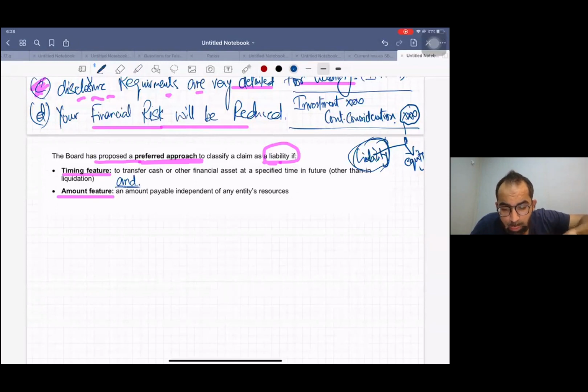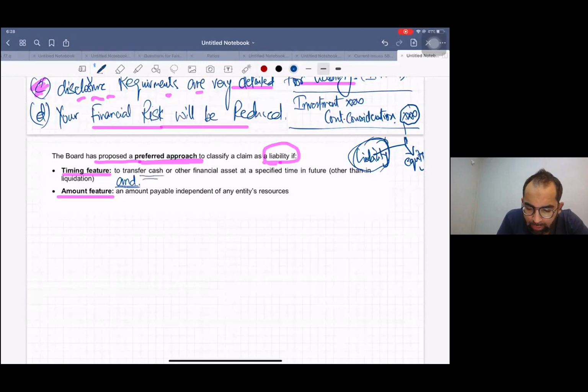If you find these two things in any financial instrument, then it is a liability. And if you miss any one of them, then it is equity.